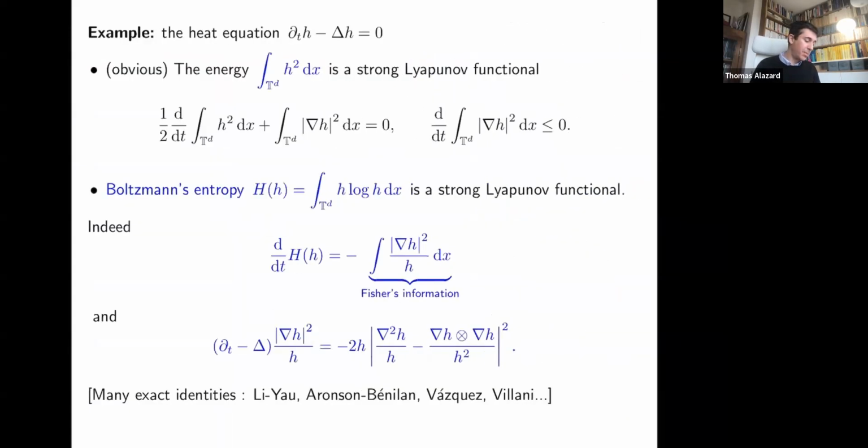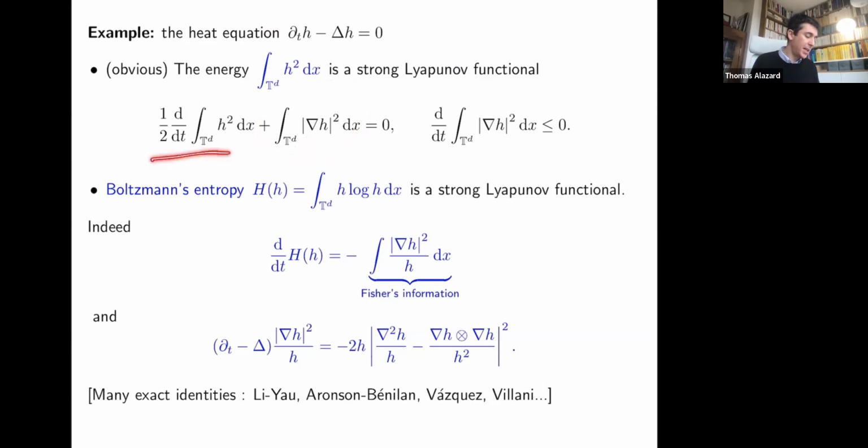Some example to explain this. For example, consider the heat equation. It's elementary to see that the energy is a strong Lyapunov functional using the energy estimate and the fact that you can also compute an energy estimate for the homogeneous H1 norm.